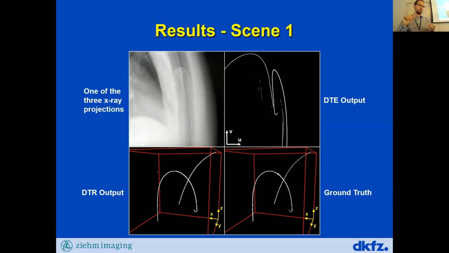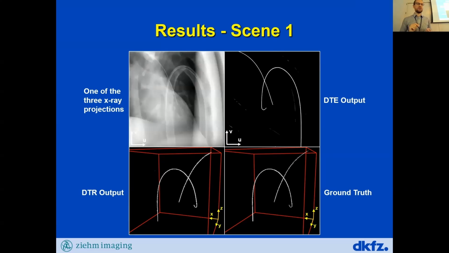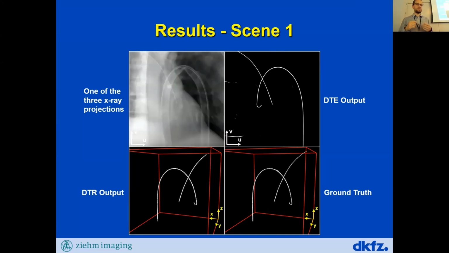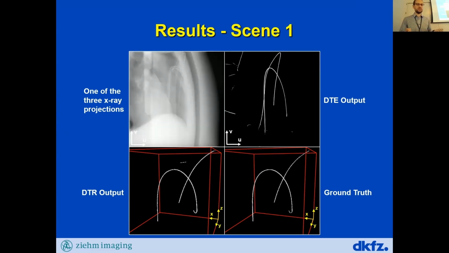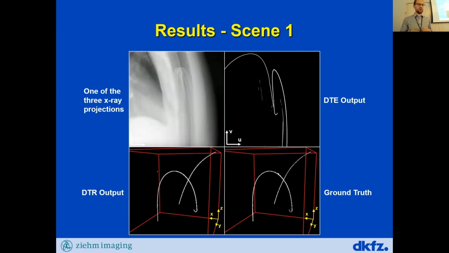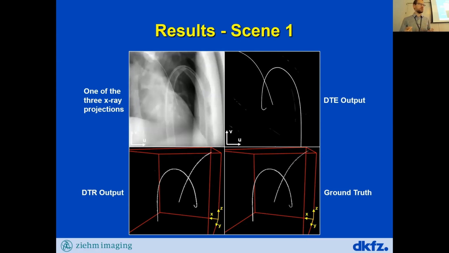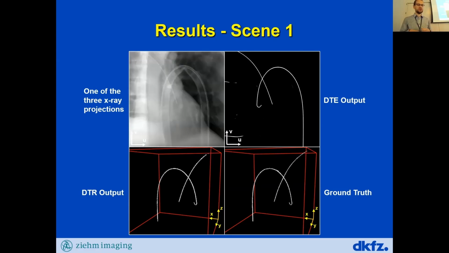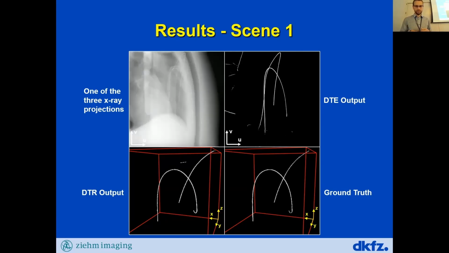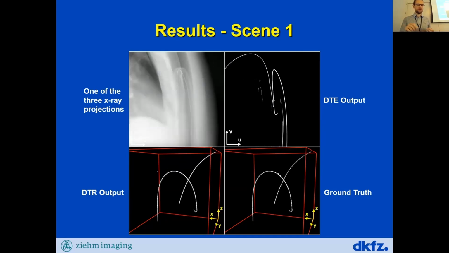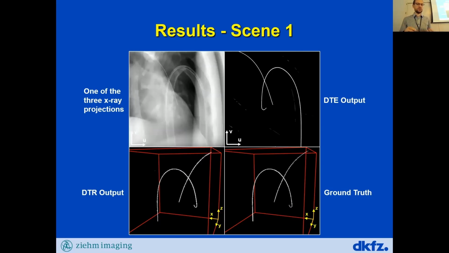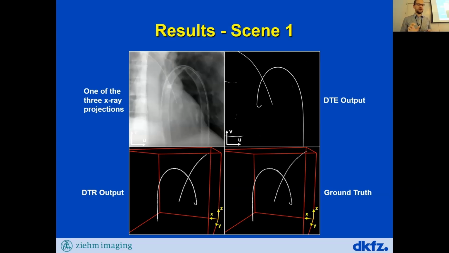On the top right, you see the output of the deep tool extraction when applied to the input projection on the left. And on the bottom left, you see the reconstruction, so the output of the deep tool reconstruction as a volume rendering. And if you compare it to the bottom right, which is the ground truth, you can see that these are very similar.